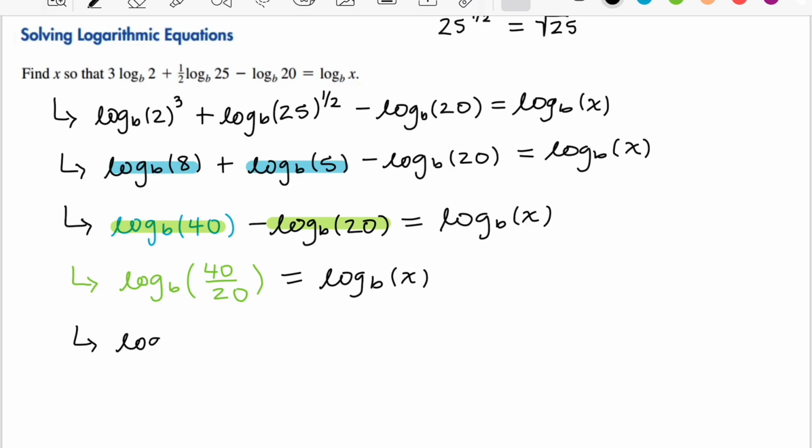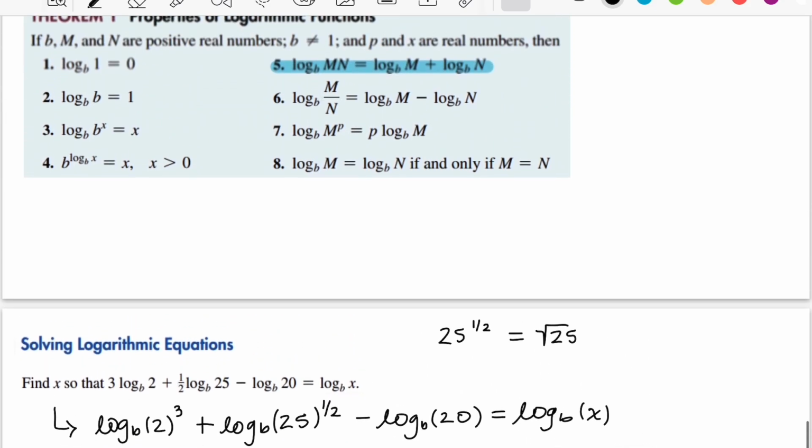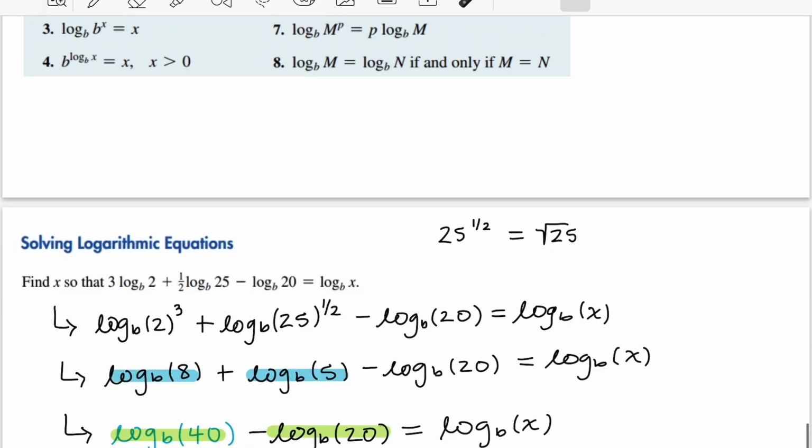Then 40 over 20 reduces to 2. So we have log base b of 2 on the left-hand side, and that's going to be equal to log base b of x on the right-hand side. And property 8 here tells us that log base b of some number m is equal to log base b of some number n if and only if m and n are equal to each other.